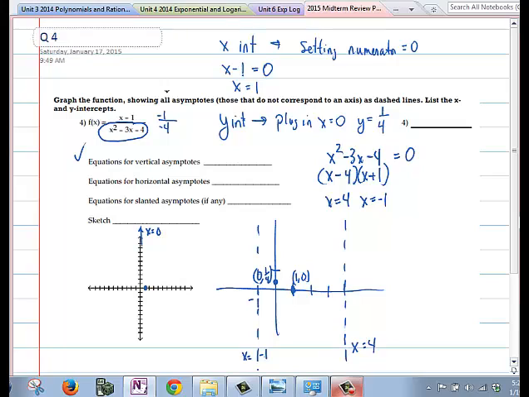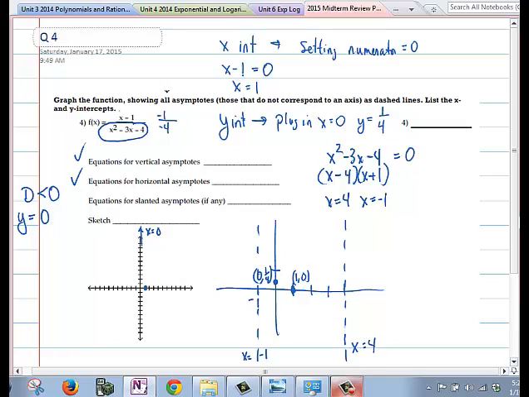And then we're going to look for our horizontal asymptotes. Remember, for horizontal asymptotes we had a method. You should write that method down from your notes on your note card. When the degree of the rational function was less than 0, then your horizontal asymptote equation was always y equals 0.